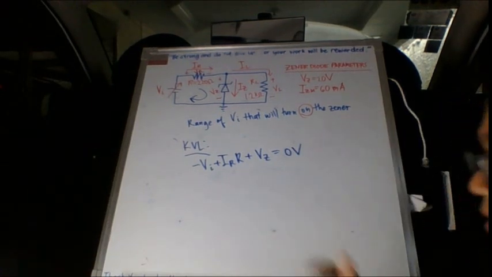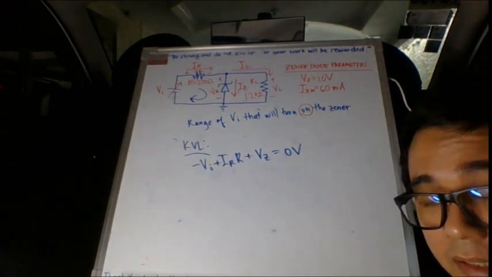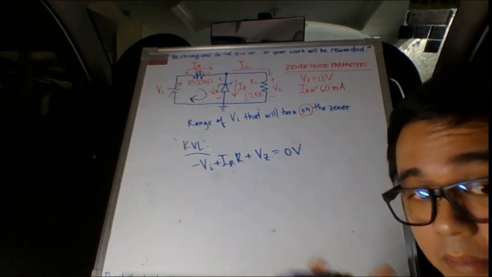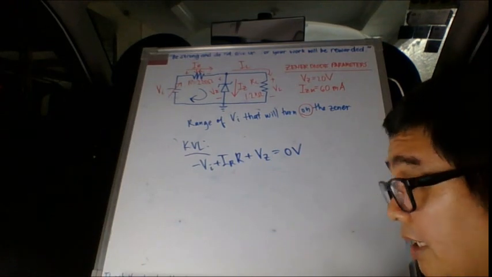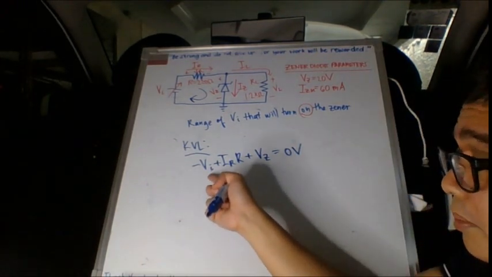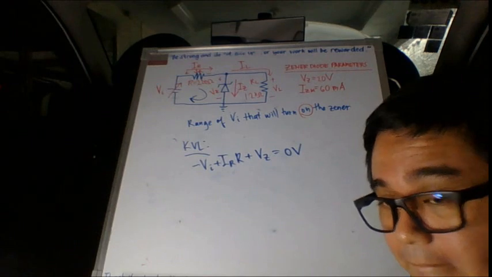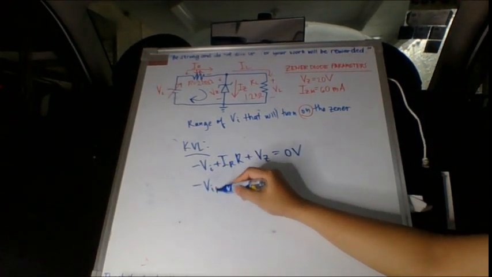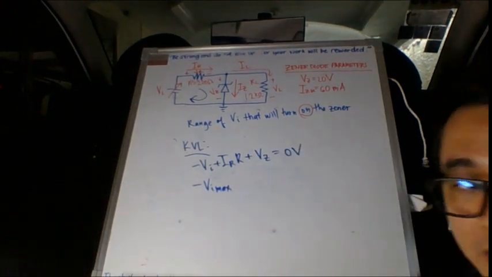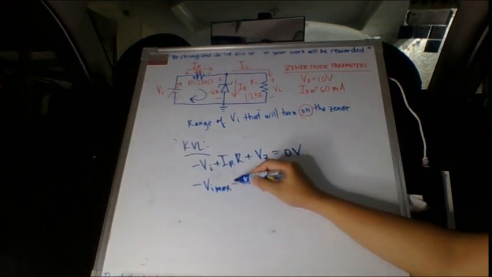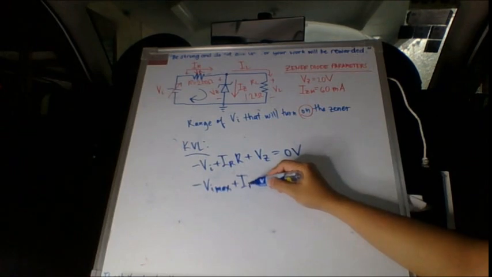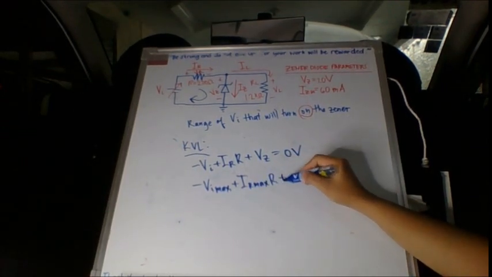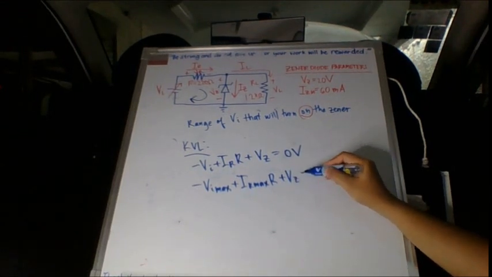Alright? Yung V sub I natin dito, papalitan natin ng VI max. Kasi nga ang gagamitin nating IR ay IR max. Diba sabi ko kanina, pag maximum ang IR, ibig sabihin maximum yung input natin. Therefore, papalitan natin to ng subscript. VI max na siya ngayon. Right? Plus, yung IR natin, magiging IR max times R plus V sub Z equals 0.